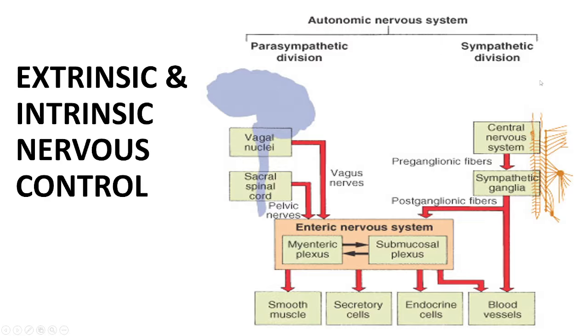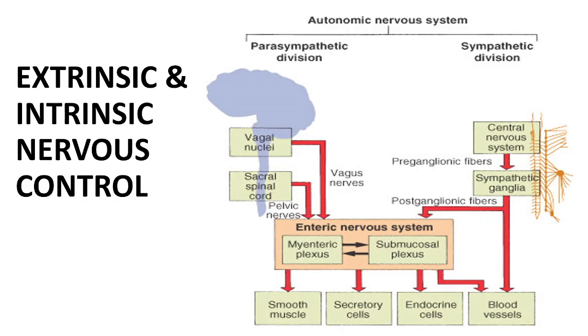With the sympathetic division, we are talking about the level of T1 through L2, so quite an extensive level of spinal cord segments that are involved in supply of the gastrointestinal tract. And the ganglia are paired and non-paired. Paired ganglia are the sympathetic chain, which is located paravertebrally on both sides of the spinal column, forming a chain, the sympathetic trunk or sympathetic chain.